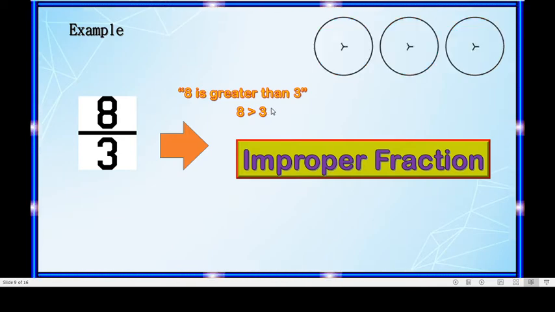So we need another whole and divide it into 3 parts to satisfy the 8 shaded parts. Then we can now shade a part of it. 1, 2, 3, 4, 5, 6, 7, 8. Therefore, 8 over 3 is an example of an improper fraction.